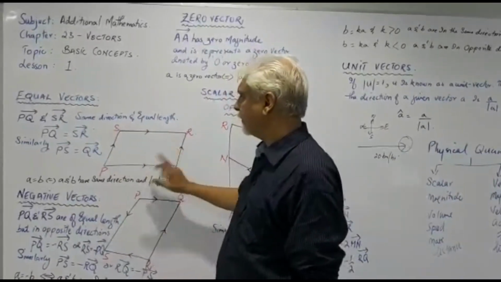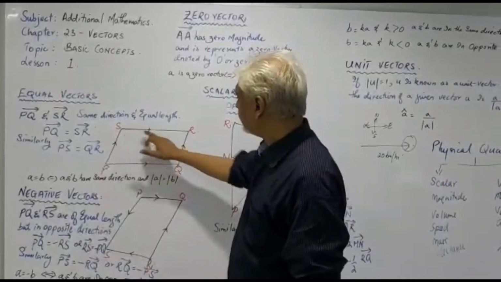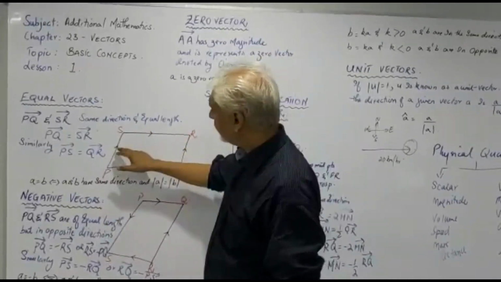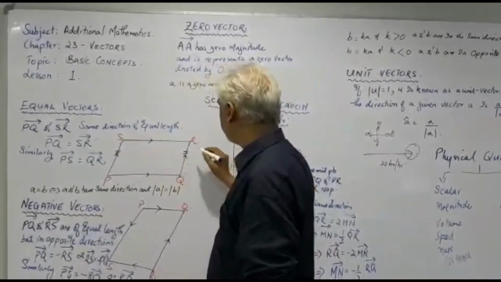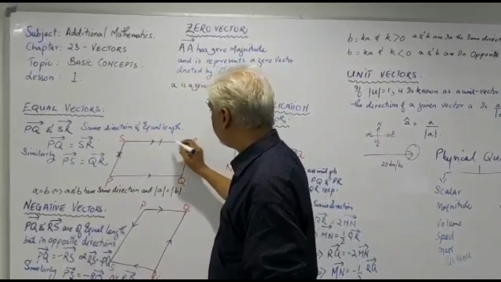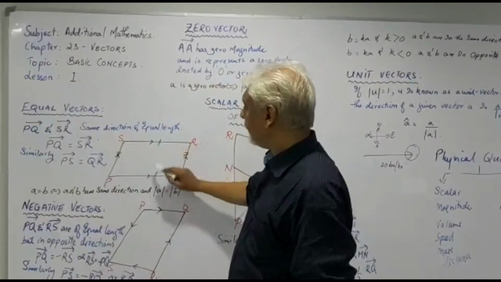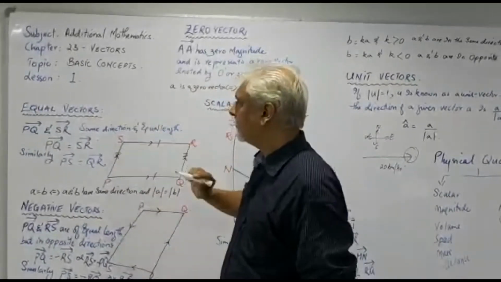You can see the direction indicator. Since it's a parallelogram, you can say that this side PS is equal to QR and RS is equal to QT. So they are equal in direction and equal in length. This is an example of equal vectors.